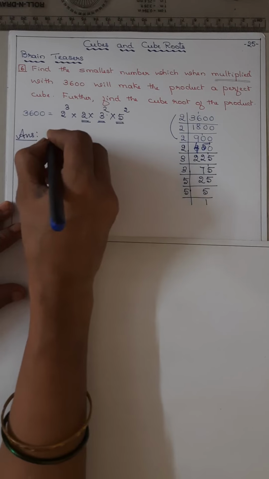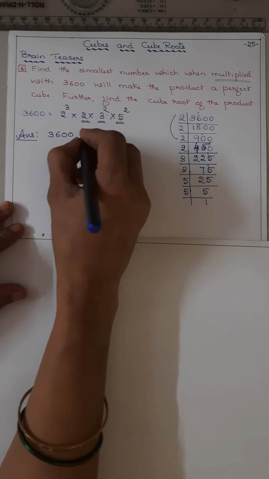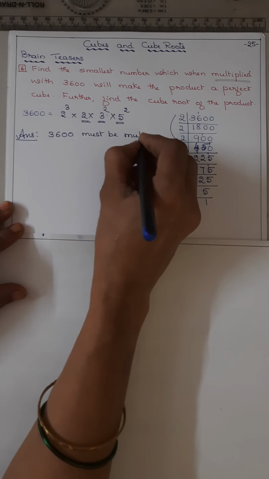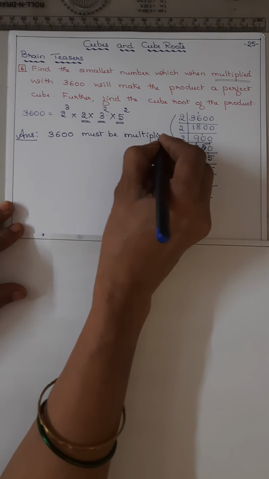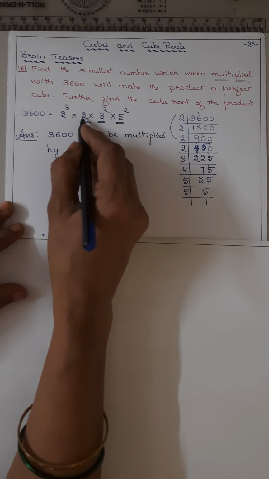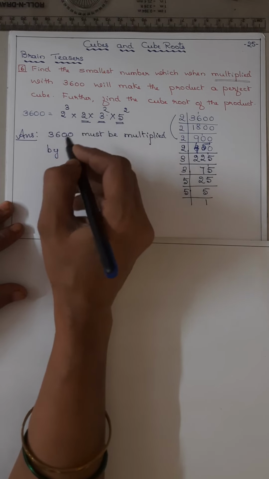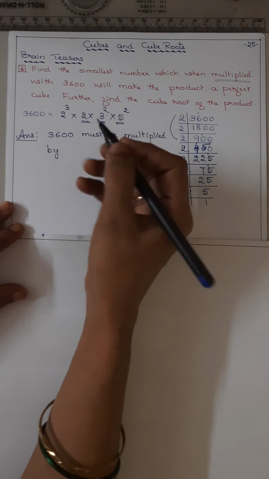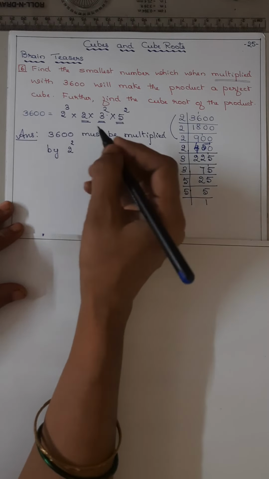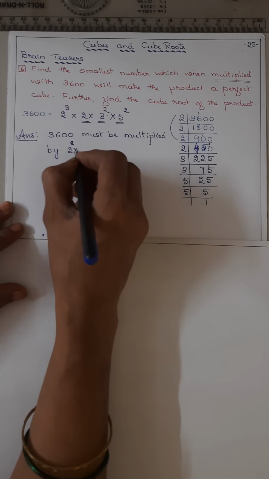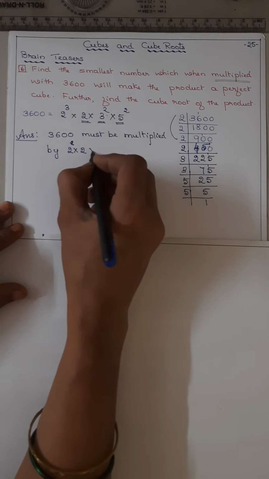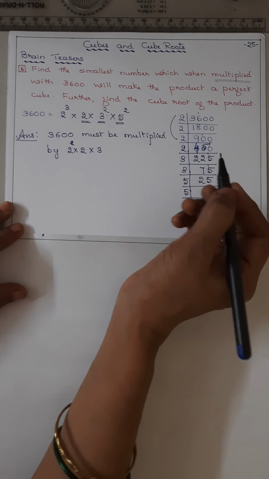Answer: 3600 must be multiplied by... here only 1 2 is there, we want 2 extra, 2 square, extra 2 you need, isn't it? So 2 times 2. Here 3 square is there, that means 1 3 you need.